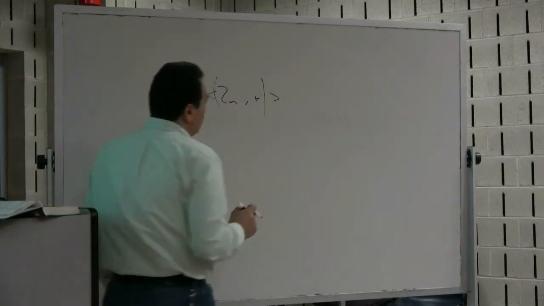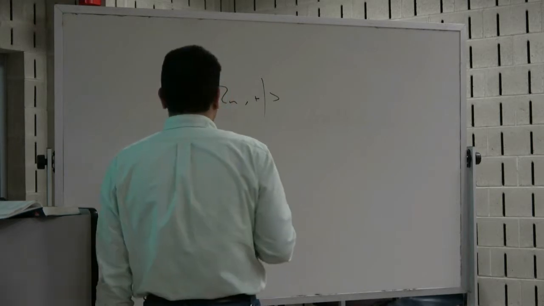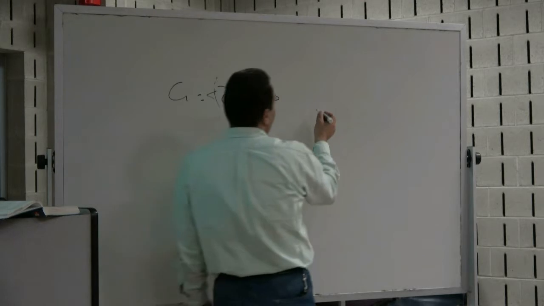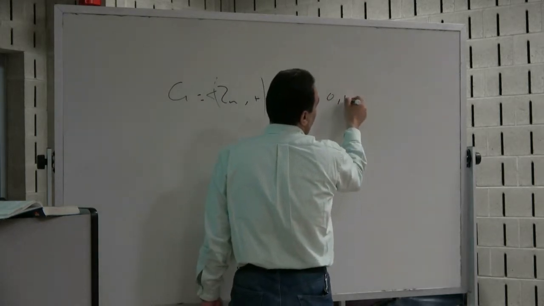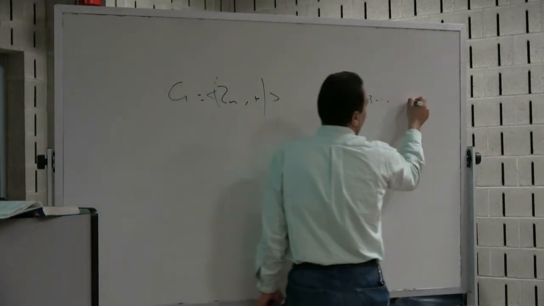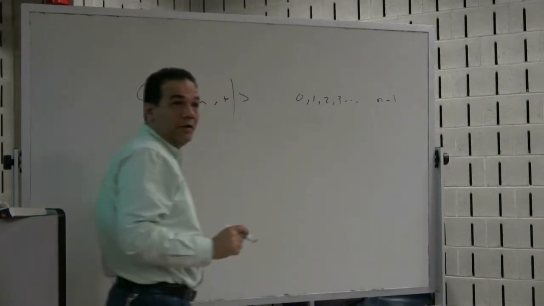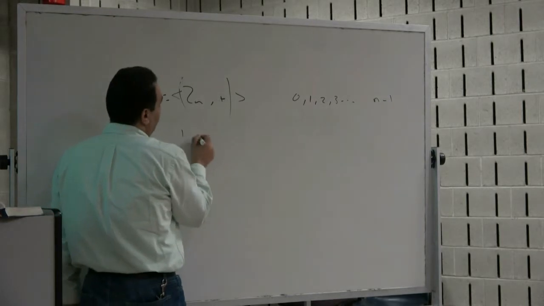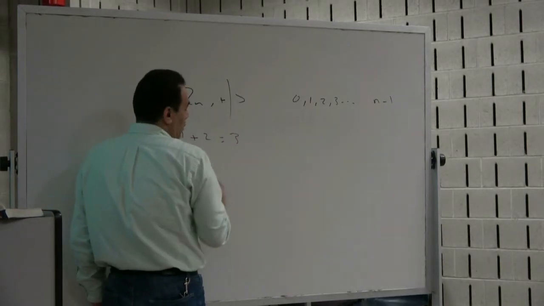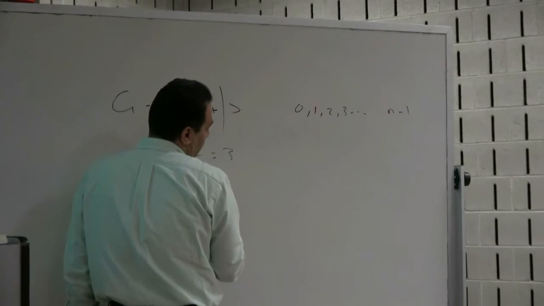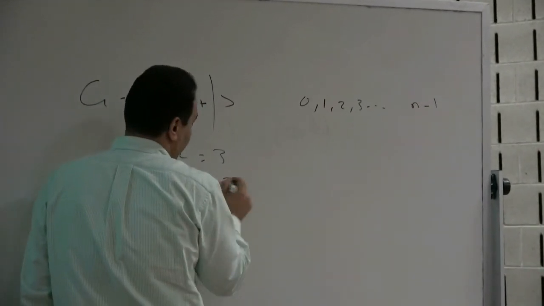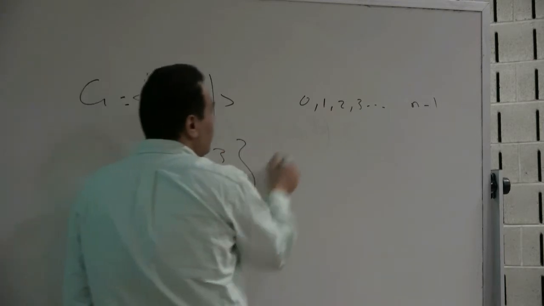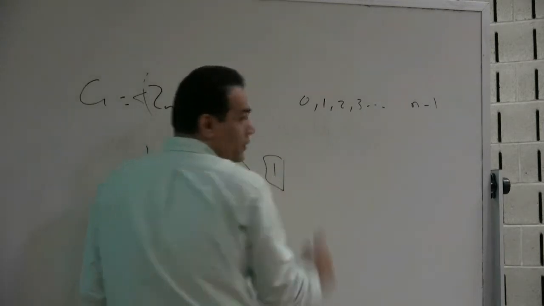Let's look at the properties. What is Zn? Numbers, which are 0, 1, 2, 3, and so on, and minus 1, right? Let's take a look at the closure. If you do the operation, 1 plus 2 gives you 3. 3 plus 4 gives you 7. So the closure is there, because any element you have stays in the set.